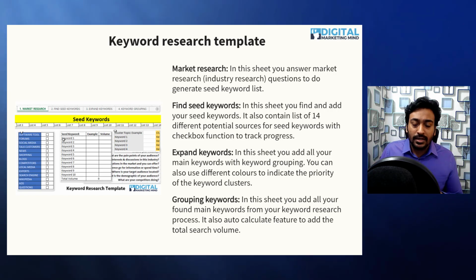You can expand the keywords on the third tab and start grouping them, and finally do keyword clustering. I will explain this template more when I do the keyword demonstration, because I will be using it to record my keyword data.